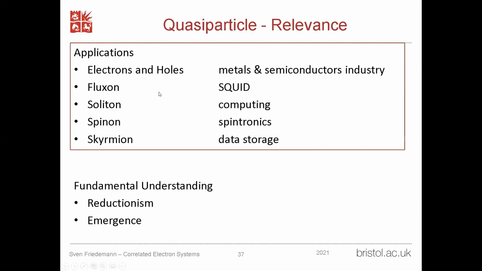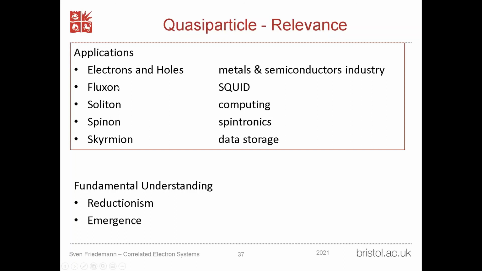So previously, I've already said that all the semiconductor industry is based on Fermi-Dirac statistics, but technically, when we talk about holes, they are, of course, electronic quasi-particles. So this concept of quasi-particles is essentially already in the basis of the semiconductor industry.